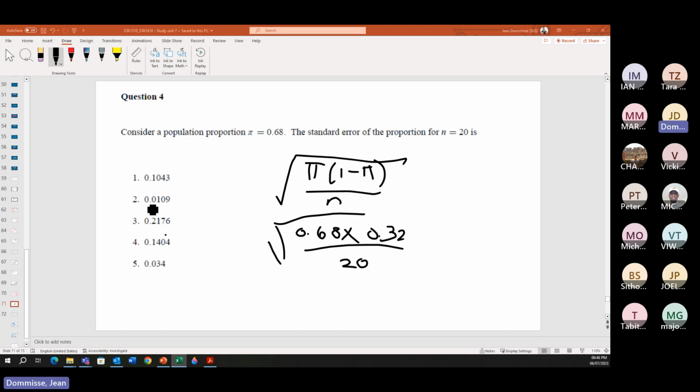Let's look at everything rounded off to 4 decimals. I get 0.1043.